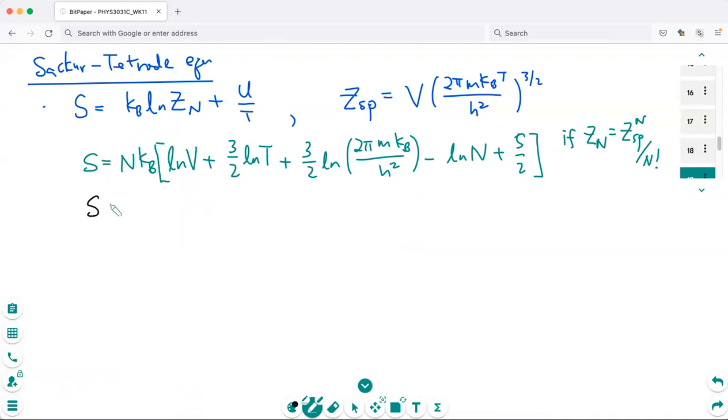The incorrect one, you get this term, this term, this term, but you don't get this term. And then you get a different number. You can see this N is gone.